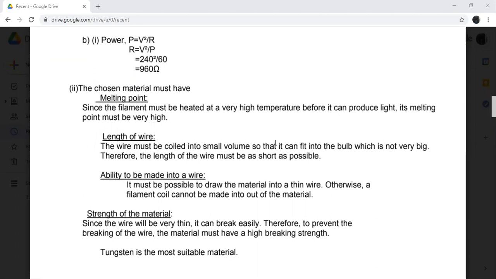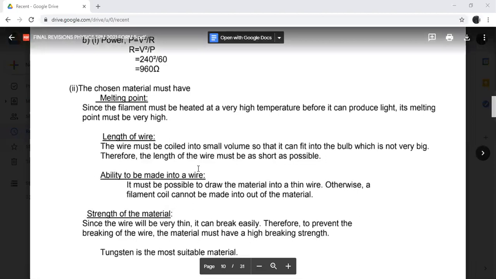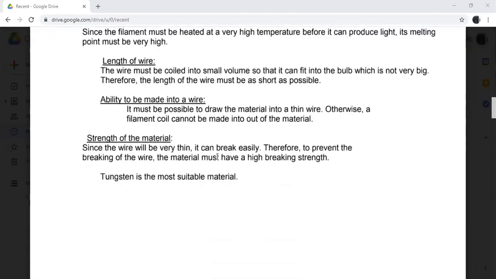Most of the time it's tungsten. Tungsten is used as the wire in bulbs. Nichrome is used as the wires in heating elements like electric kettles, showers, water heaters. So the properties are almost similar.